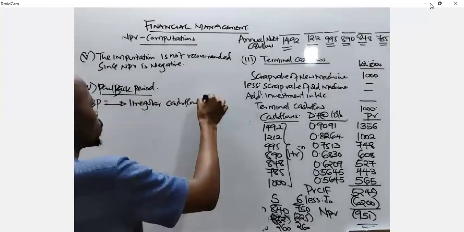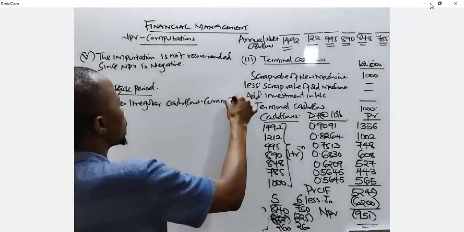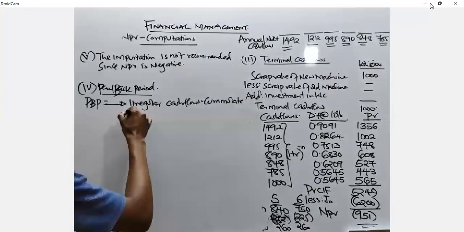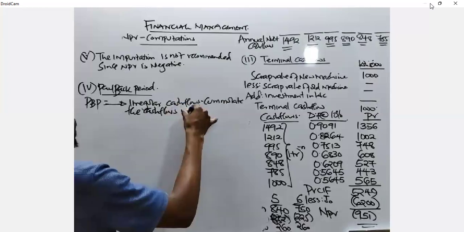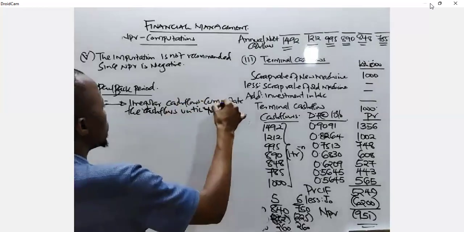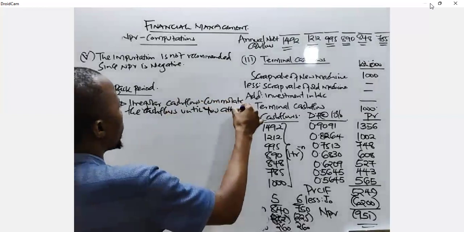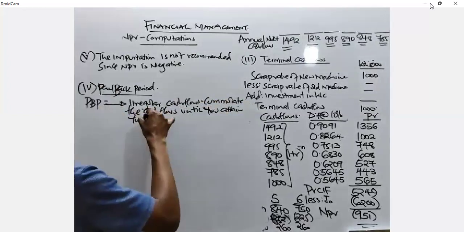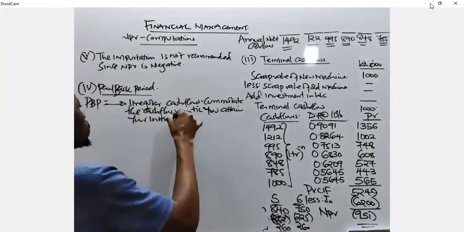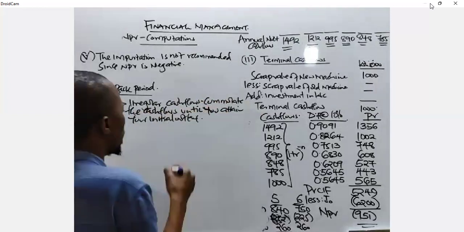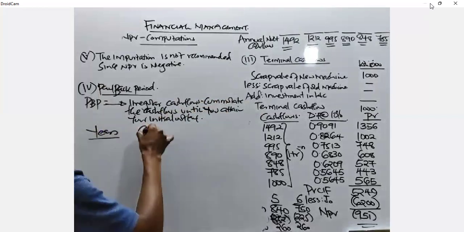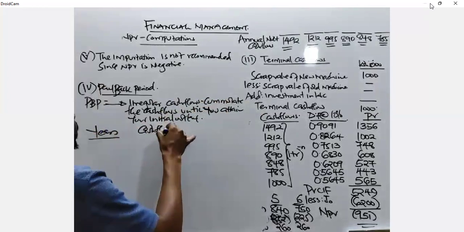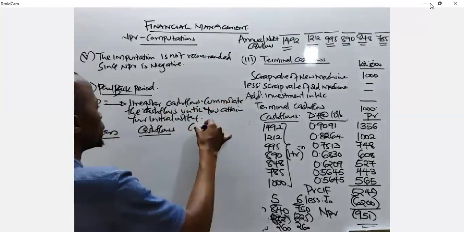We are supposed to accumulate the cash flows until you attain your initial outlay. Let us take the number of years, our cash flows, then the cumulative cash flows.